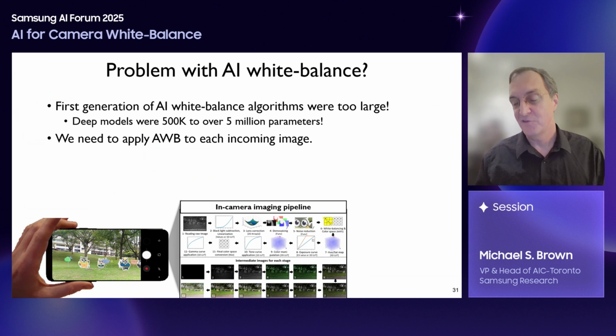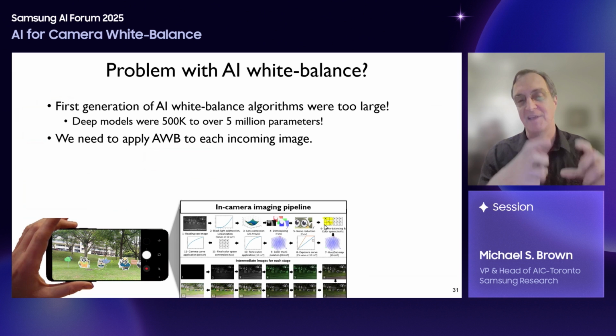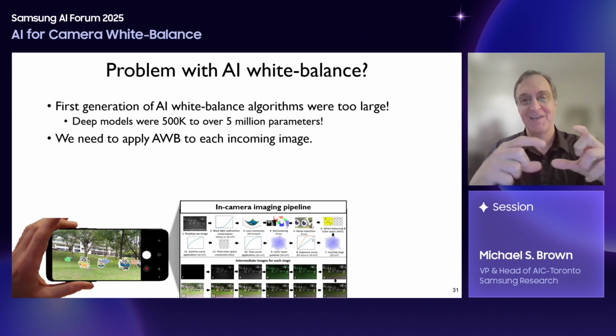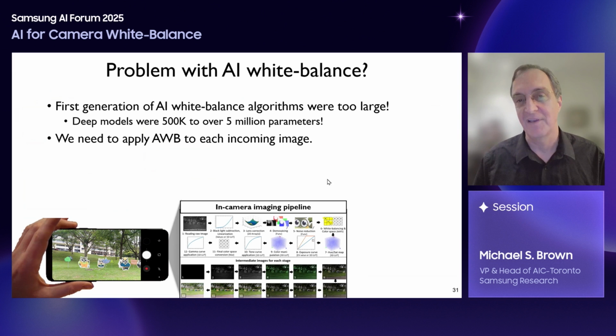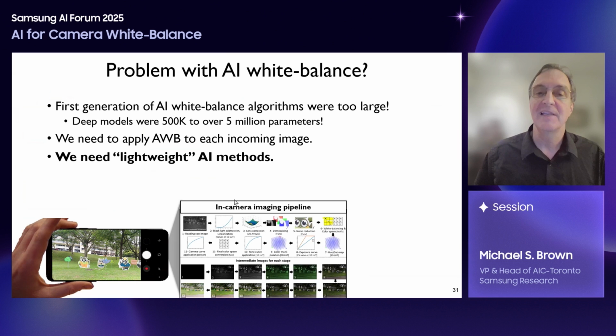Now that may be small compared to a large language model, but remember, this is something that's being applied to every image that's coming in, right? You have your video, you're moving it. So we have to do this very quickly. So even 500K parameters is too much.